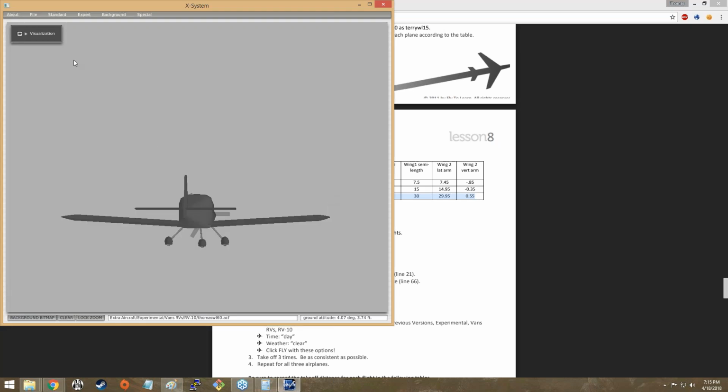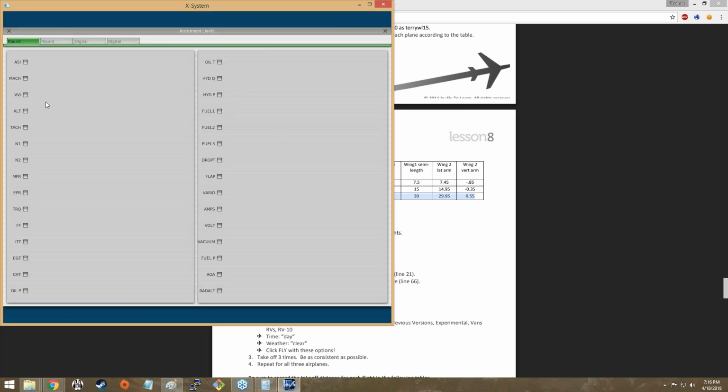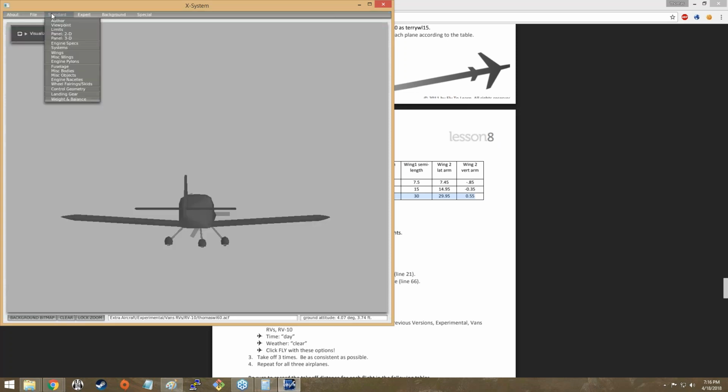Yeah, on the last plane, you will change the maximum weight. Limits. Nope.